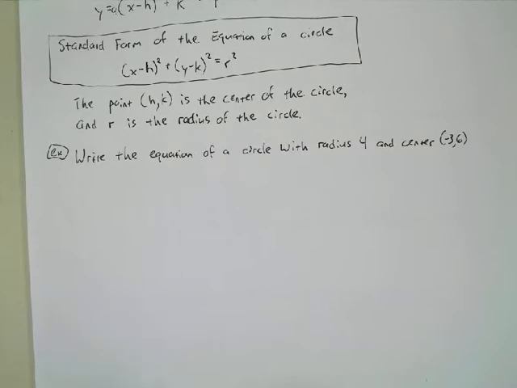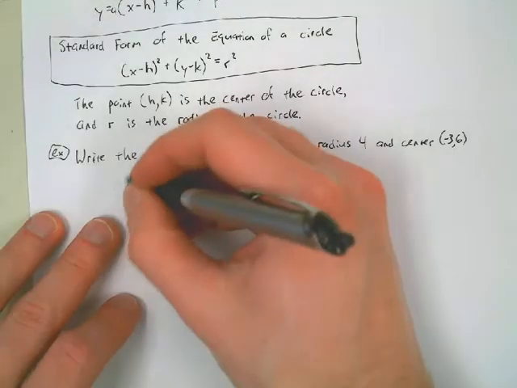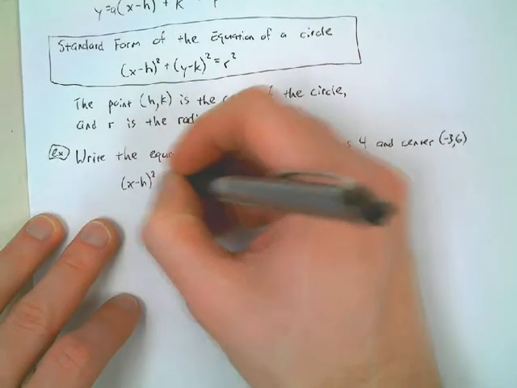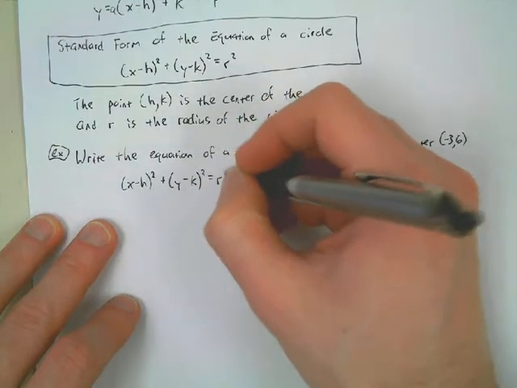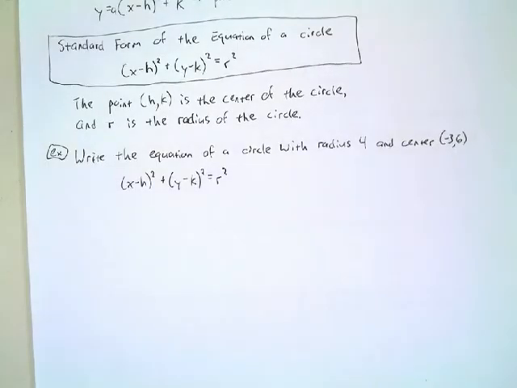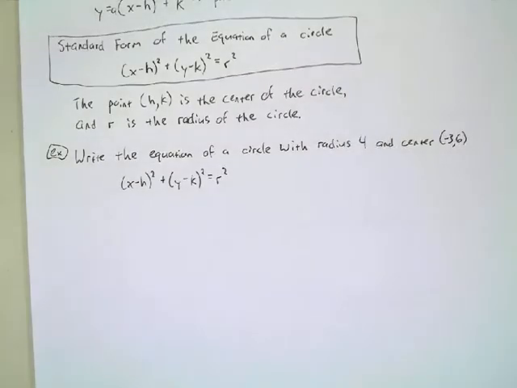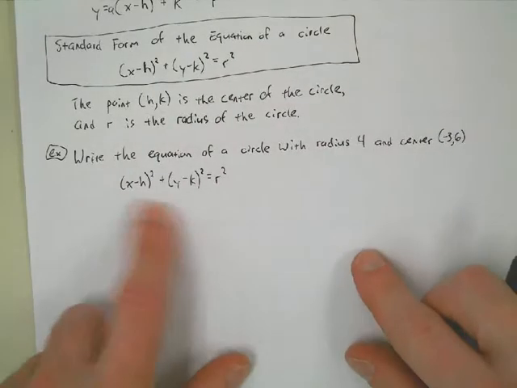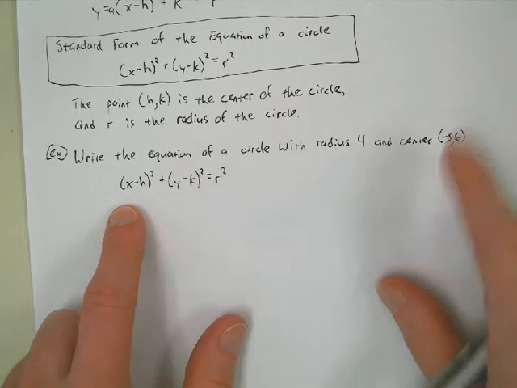All right, so again, we're going to use this standard form right here. It's going to be x minus h quantity squared plus y minus k quantity squared equals r squared. The h is the x-coordinate of our center, which is -3.